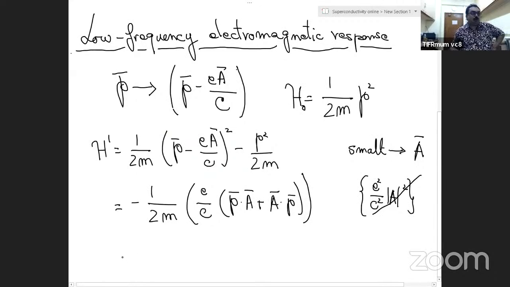So therefore, this will be minus e by 2mc into P dot A plus A dot P.